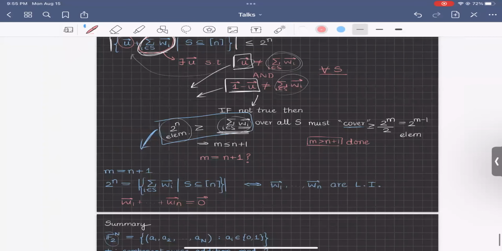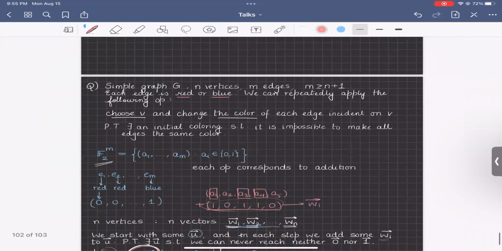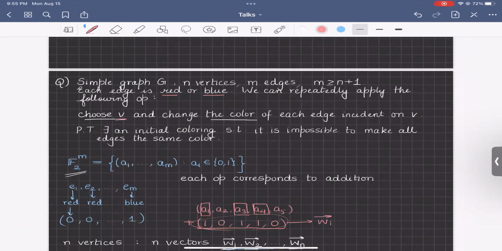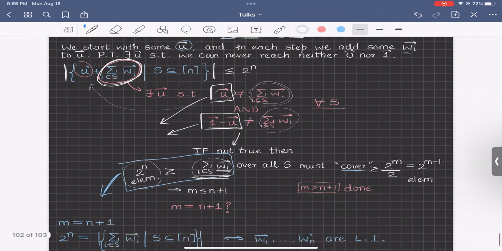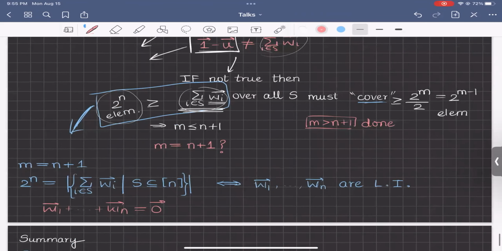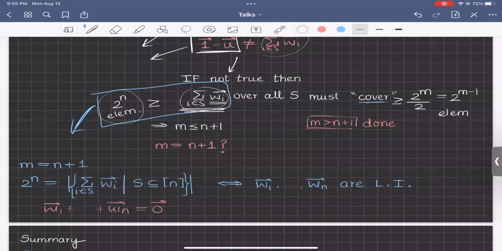Which is the same as saying, notice in the problem, if I choose each vertex exactly once and change the color, then nothing happens because each edge gets switched twice. And so this sum is actually 0, which means this is not a linearly independent set.